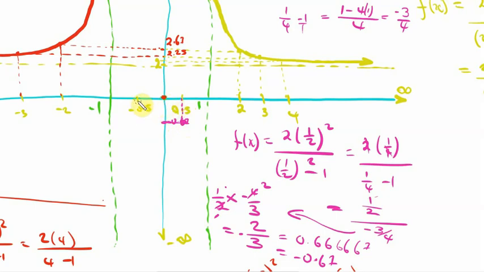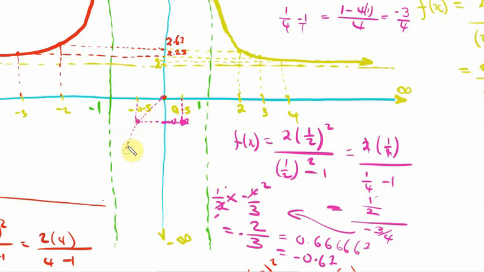And when x is -0.5, it's an even graph, so we'll have it that way. So from here, these 2 points can tell us the general behavioral pattern of our graph.